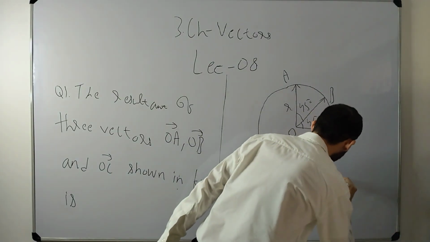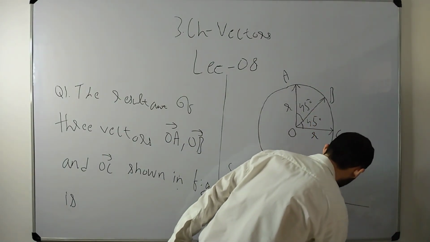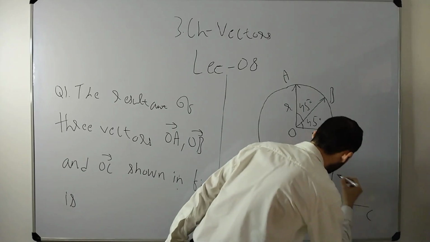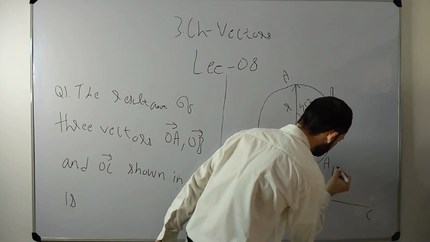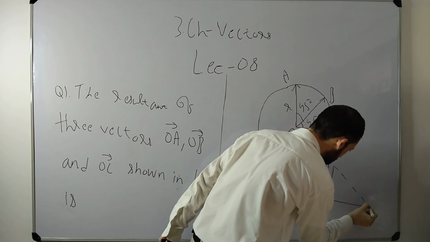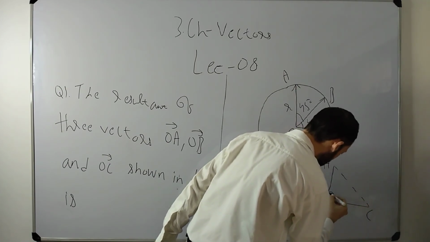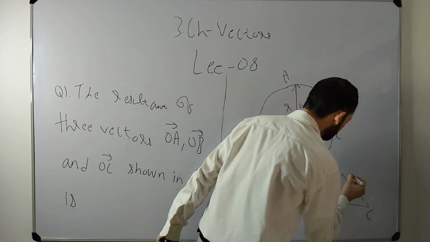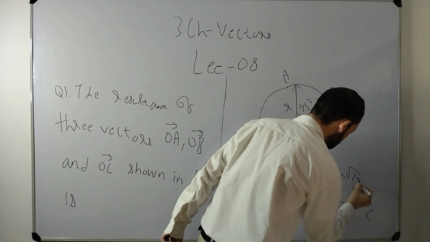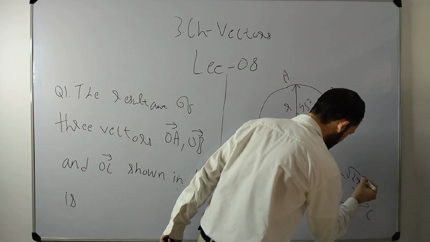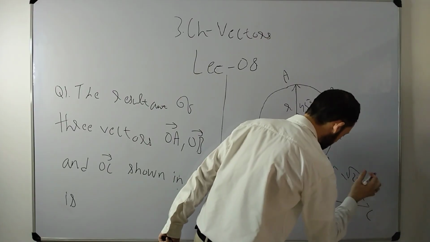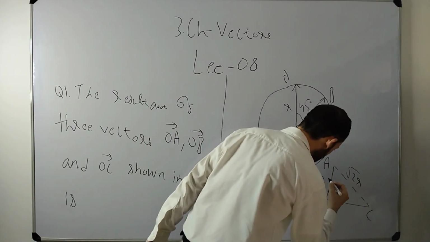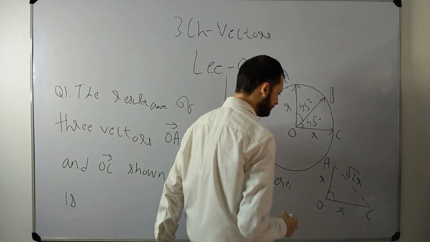First, OA and OC. This is the Pythagoras theorem, no? And this is under root 2 R, because this is R and this is R.